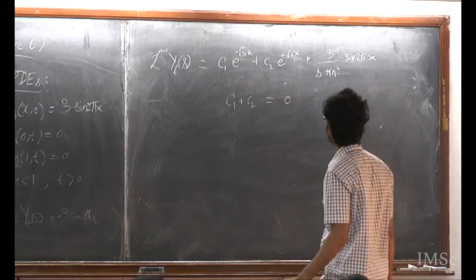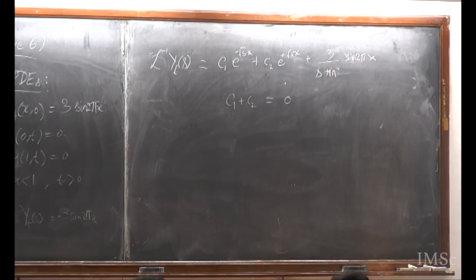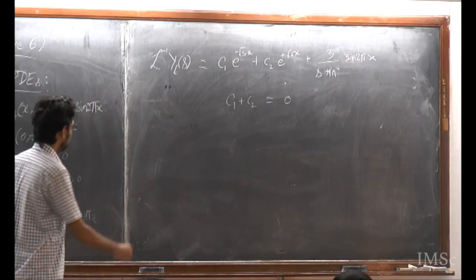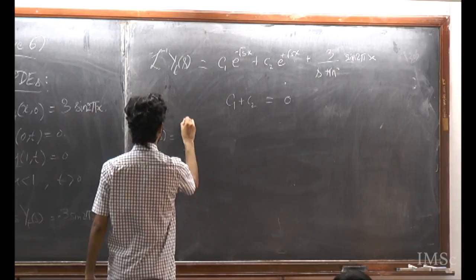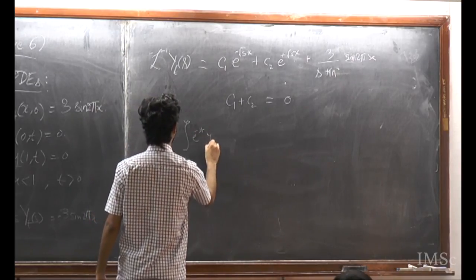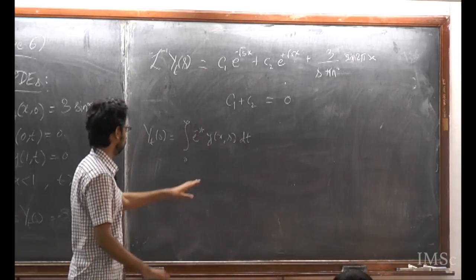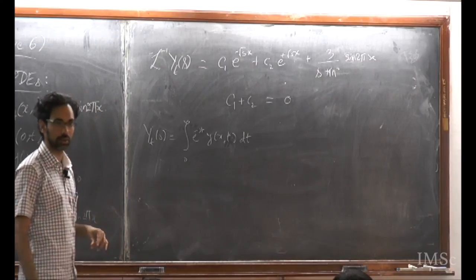Well, what one can use here is, if you just take the Laplace transform, you get Y(x,s), okay? But Y(x,s) is equal to the integral from 0 to infinity of e to the minus st y(x,t) dt. You agree?